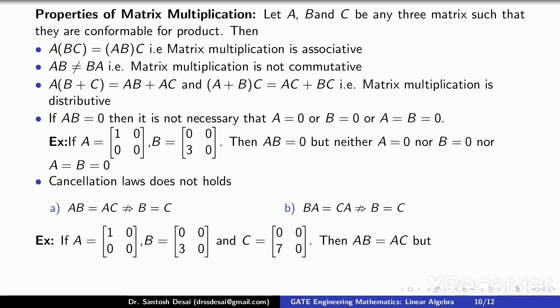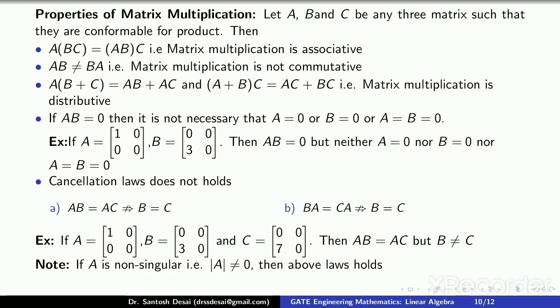But here B is not equal to C. Hence, the cancellation law does not hold under multiplication. But if the matrix A is non-singular, that is, the determinant of A is not equal to 0, then the above law holds. If A is a square matrix of order n, then the powers of A, that is, A square is equal to A into A, A cube is equal to A square into A, and so on.